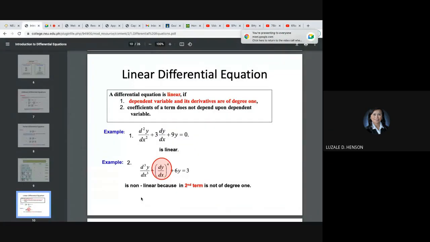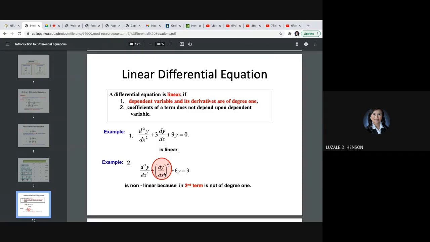Example number 2, the order of the derivative here is 3. And the degree is 1. All right? However, in term 2 or second term, the order, although it is 1, but the degree is 4.